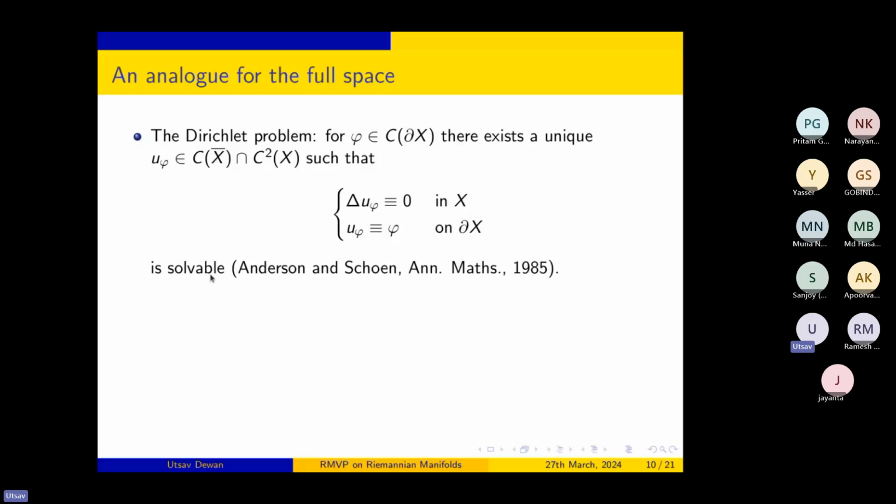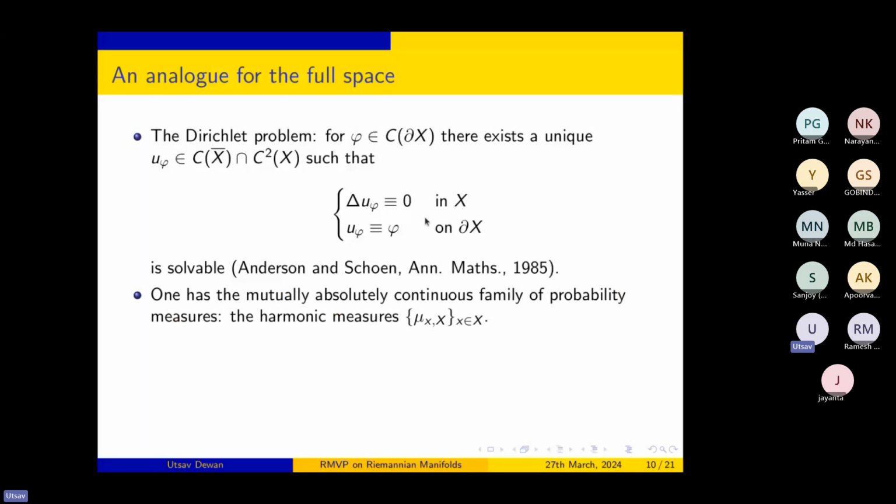As it turns out, this is the case. So the Dirichlet problem is solvable, and this was shown by Anderson and Schoen. And the moment one has that the Dirichlet problem is solvable, one gets for free the class of harmonic measures, right? One has the mutually absolutely continuous family of probability measures, namely the harmonic measures.